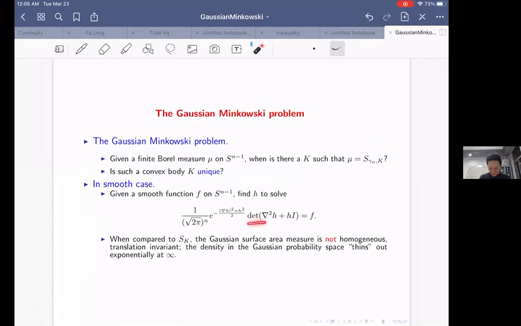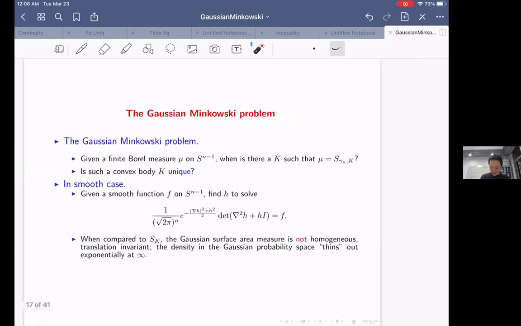And here is the determinant, except for this, there is an exponential here. And because of this term, this will not be homogeneous, and something will happen, and we will see some difficulties later.